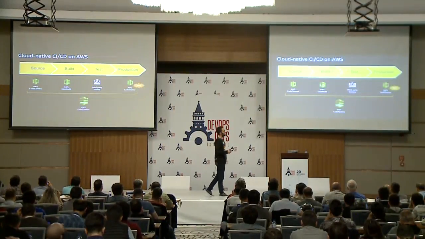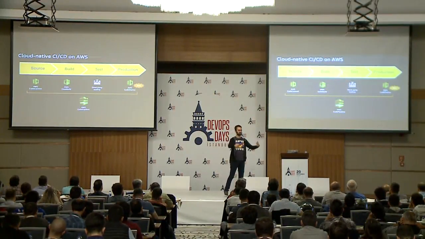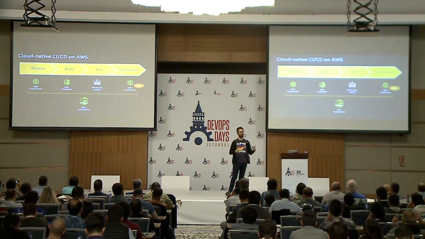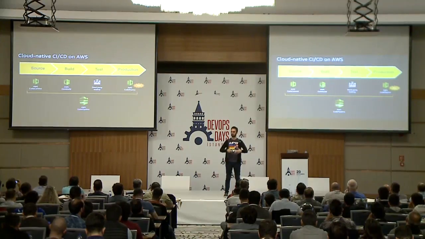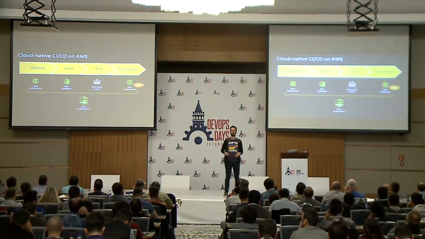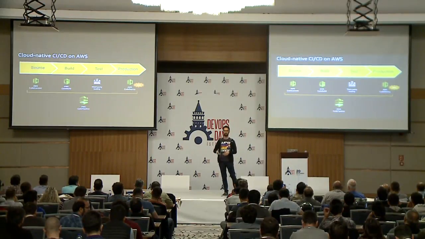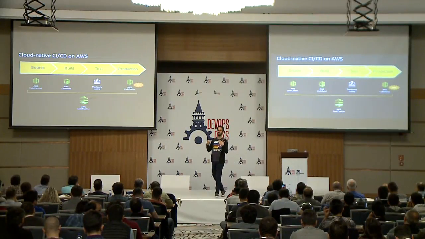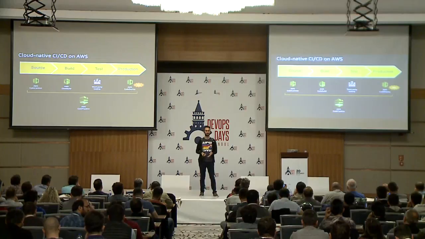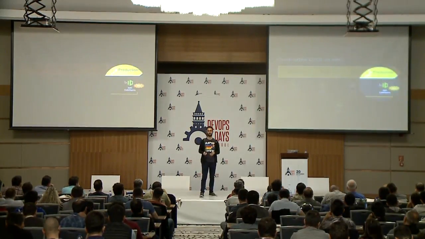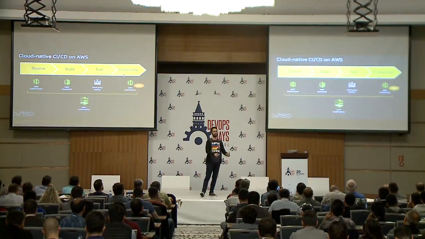This is the service that allows you to do it on AWS. Some of these might be replaced by open source tooling or third-party services. You might have GitHub instead of CodeCommit. You might have Jenkins instead of CodeBuild. You might have your own development tooling for the testing phase. Today I want to focus on the last phase that allows you to go all the way to production.